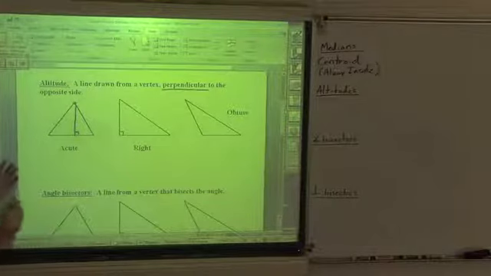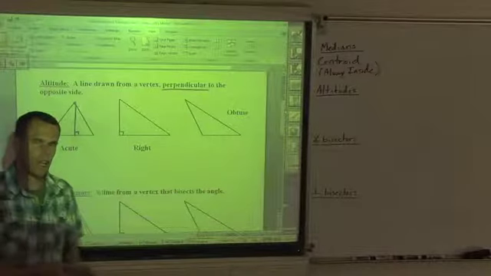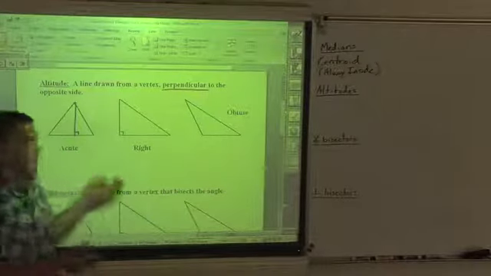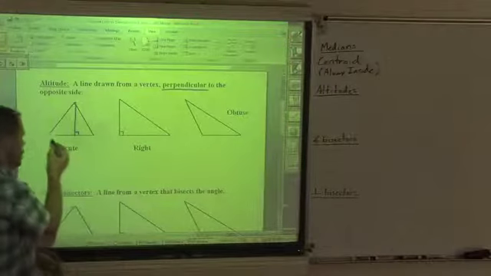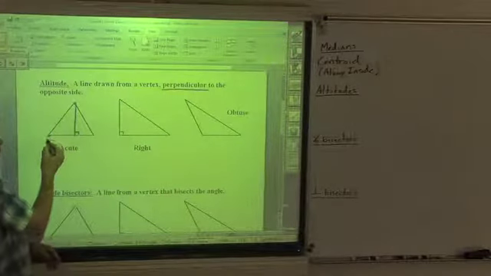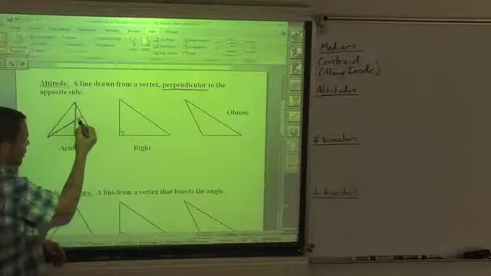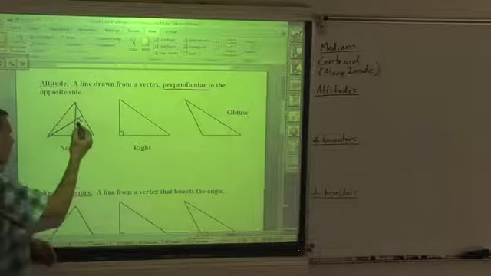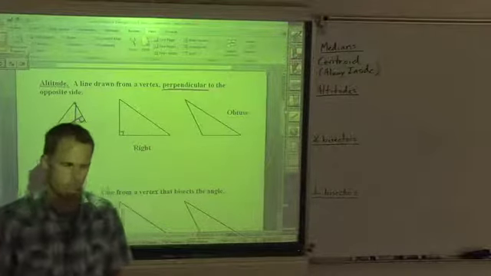This can be done from the other points on the triangle simply by rotating your paper so that you can draw straight down. I can't exactly rotate my screen, so I'm going to have to be good at this. I'm going to have to pick this point, and I want to draw perpendicular to the opposite side. Estimating right angles can be very difficult.